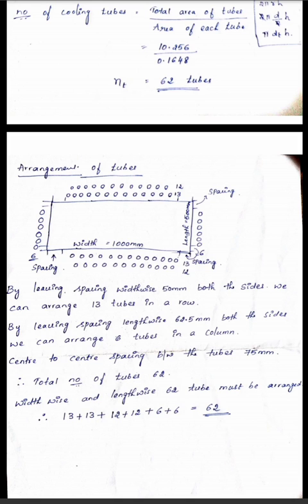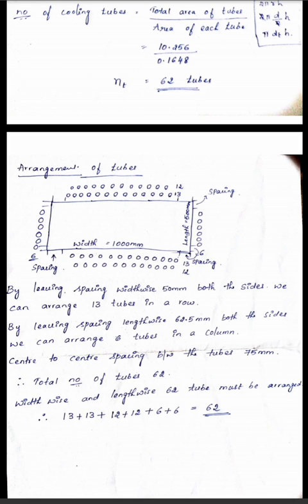Here is how to calculate the spacing. You have 1000 mm width. If in my first row I have 13 tubes, then counting the space from center to center, you will get 12 spaces.